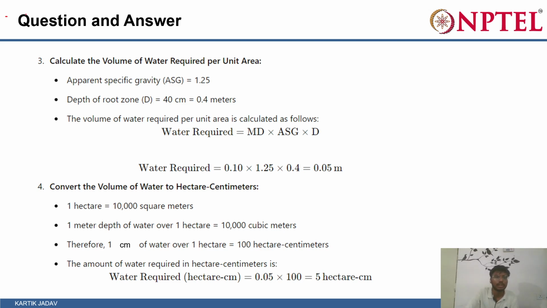Then to calculate the water required per unit area, we multiply this moisture deficit, 0.10, and because this is on a weight by weight basis, we multiply by the apparent specific gravity, or dry bulk density of soil, to get the moisture content on volume basis.